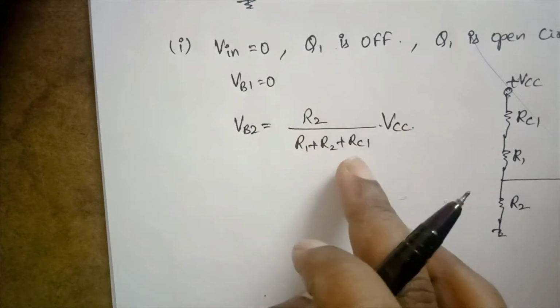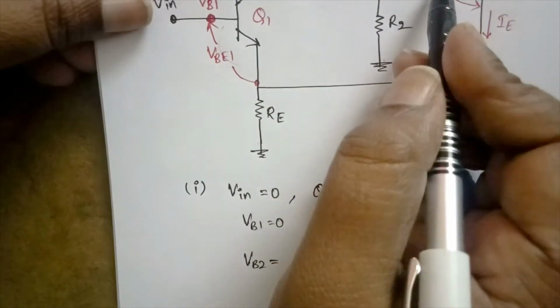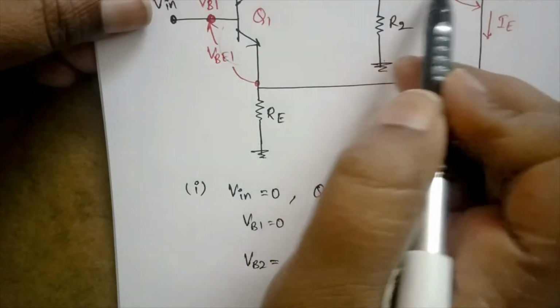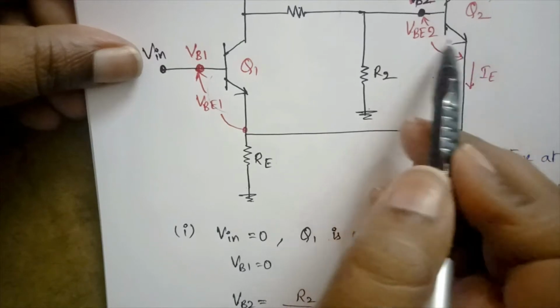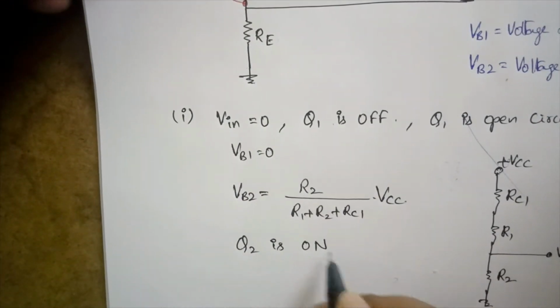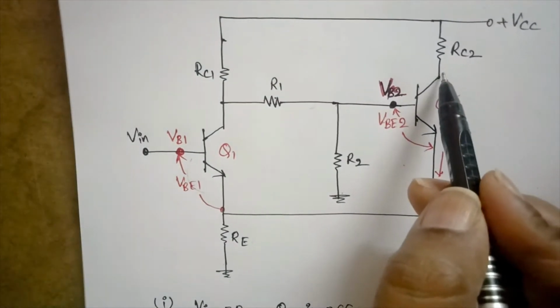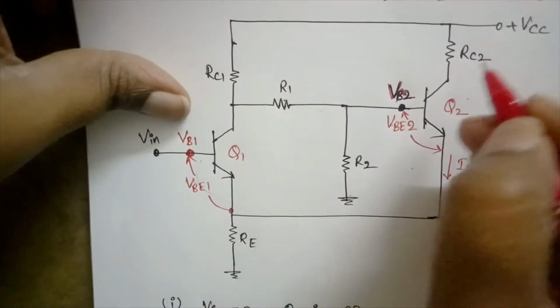Because of this voltage, Q2 turns on, since we are getting some positive or high voltage at this point. When Q2 is on, what about the voltage at this point?